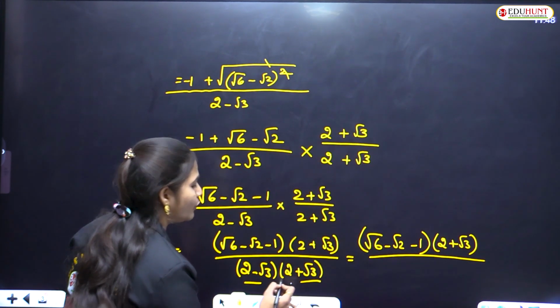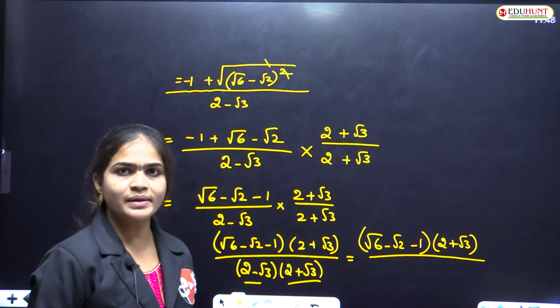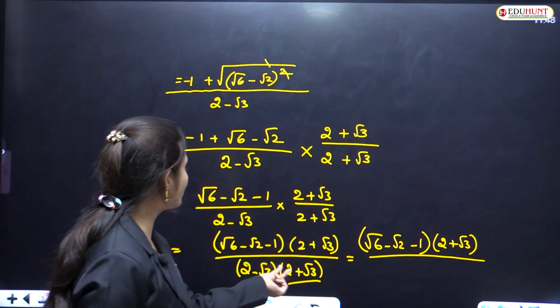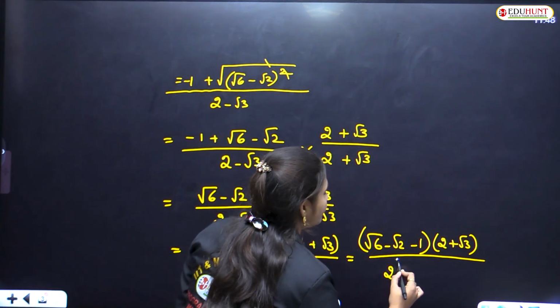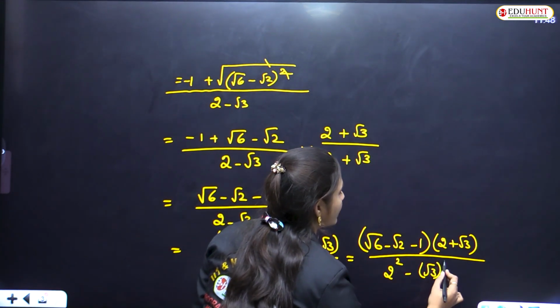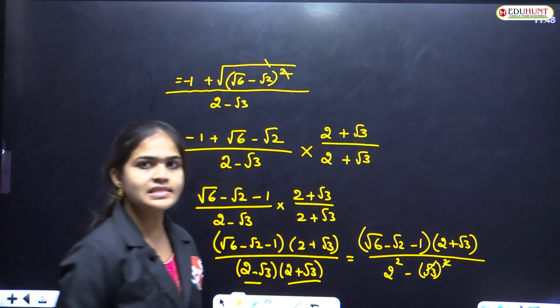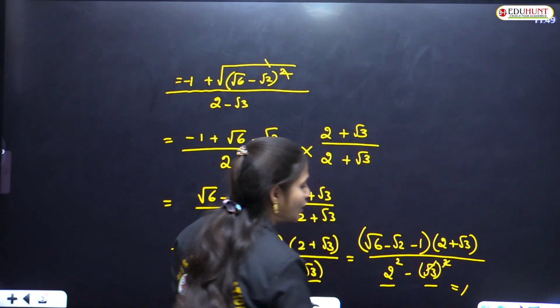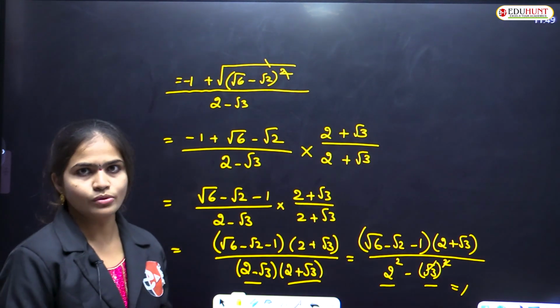Here a minus b into a plus b is a square minus b square. So a square is here 2 square, so 2 square minus root 3 whole square. So square and root get cancelled. So from this we are getting 2 square minus 3 is equal to 1. So no need to write that.